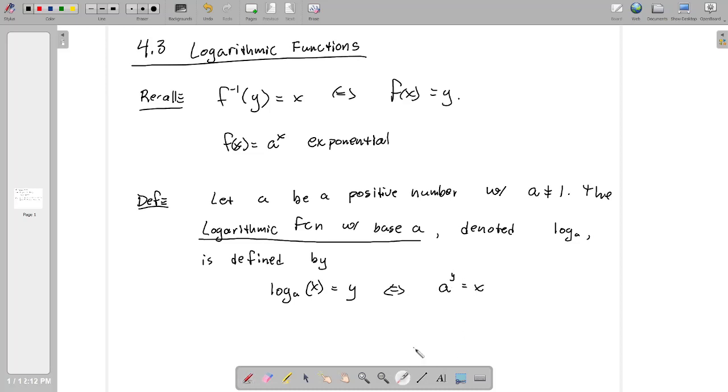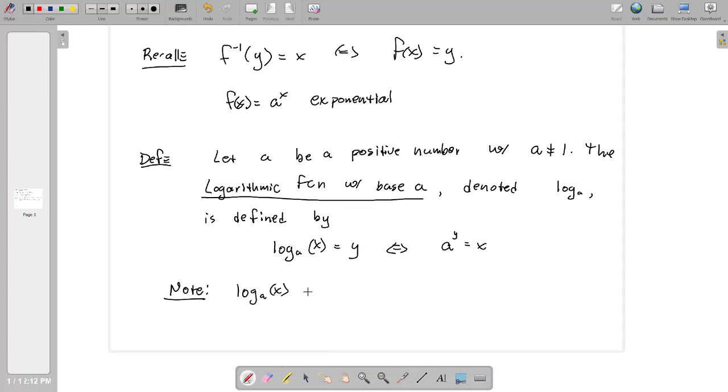So remember what I was saying just a few minutes ago about how a logarithmic function is the inverse function of an exponential. That's what we're saying here. So if a to the y is equal to x, then the logarithmic undoes this rule. And we'll get more into this in a second.